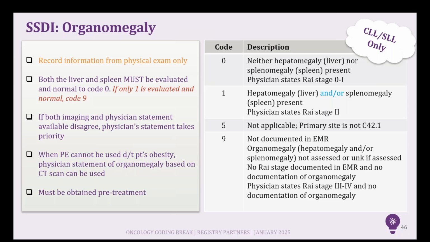And like the other one, if there is a disagreement between imaging and the physician's statement, the physician statement takes priority. And if a physical exam cannot be performed due to the patient's obesity, we can use the physician statement of organomegaly based on CT results. Results must be pre-treatment.